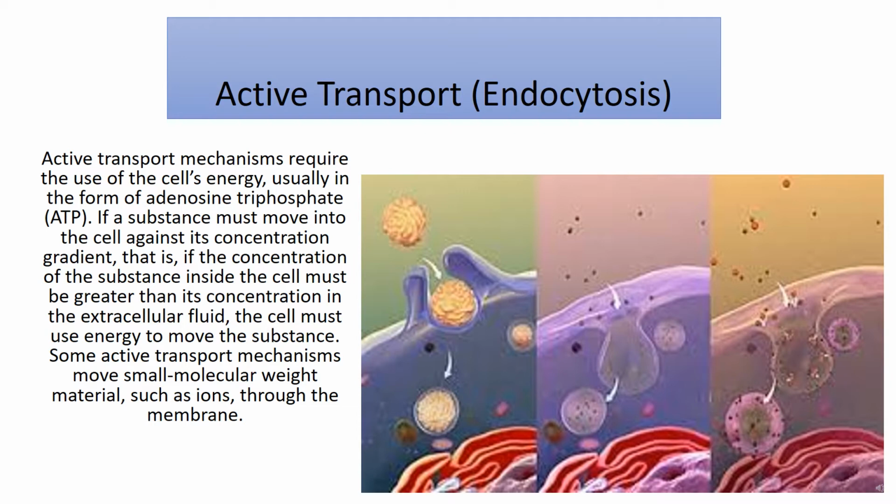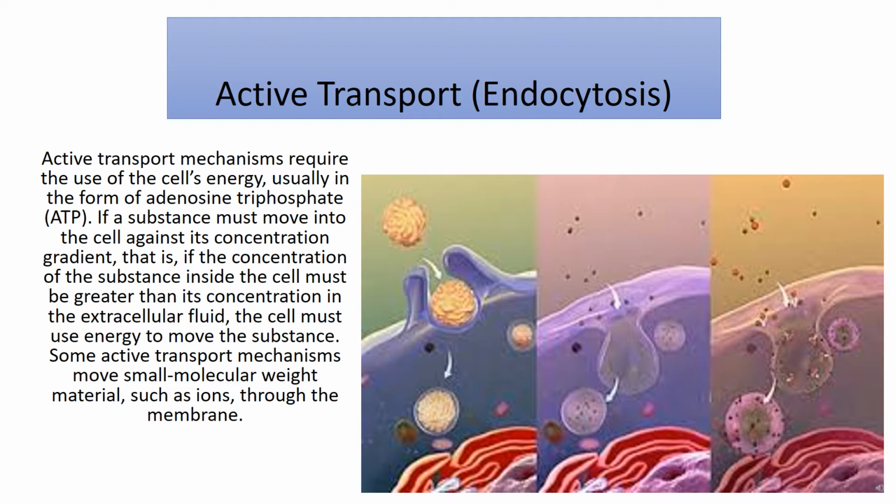During endocytosis, a protein of the plasma membrane makes a pouch. Then the membrane forms a bunch of endocytic vesicles inside the cell. In this diagram, you can see the process of endocytosis.